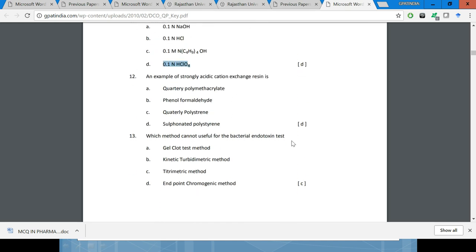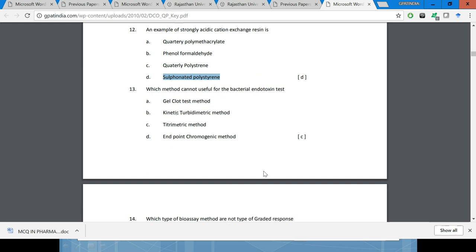An example of strongly acidic cation exchange resin is, if you remember, resins containing sulfonic acid as their functional group are called strongly acidic cation exchange resins, since their acidity is as strong as hydrochloric acid or sulfuric acid. So correct answer is sulfonated polystyrene.